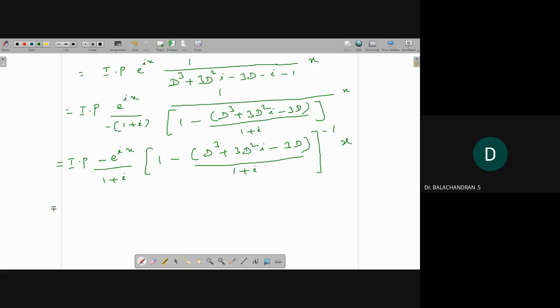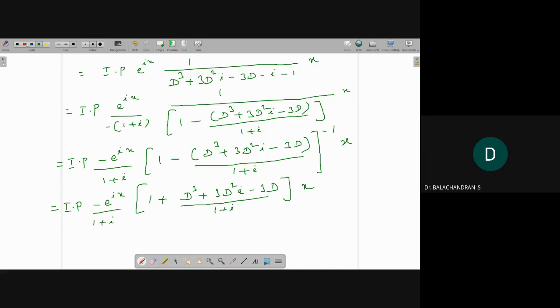Okay, now this is equal to imaginary part of minus e power ix by 1 plus I. So I think here power is 1, so up to x is enough. 1 plus 1 minus x whole power minus 1, 1 plus x square and so on, plus 3d square I minus 3d divided by 1 plus I into x.